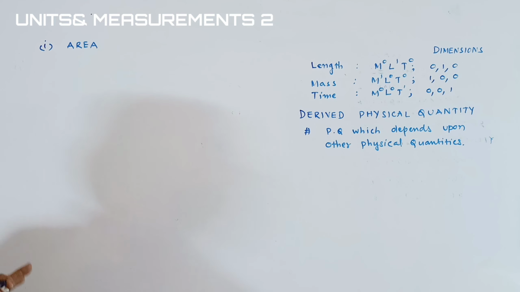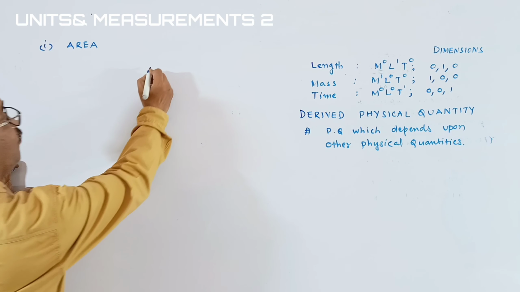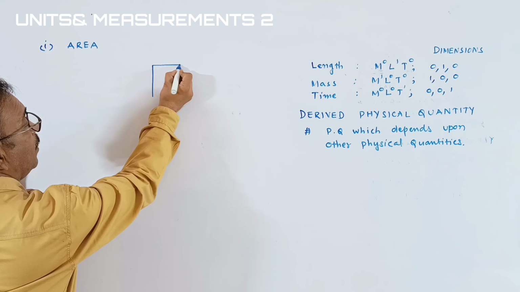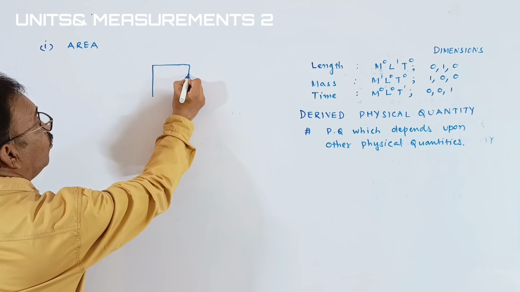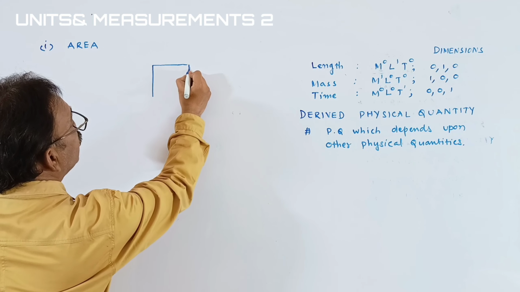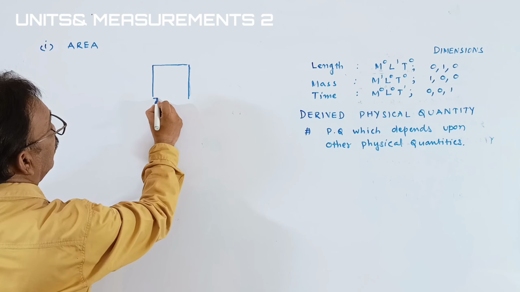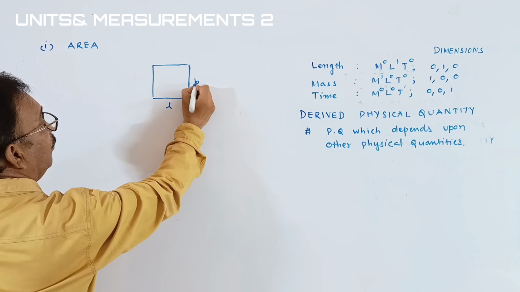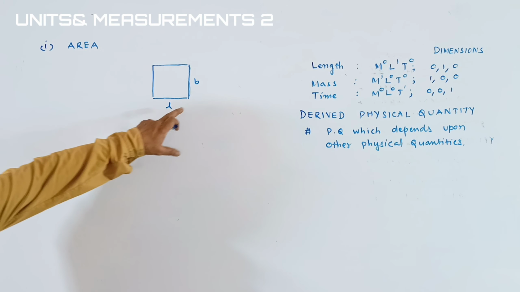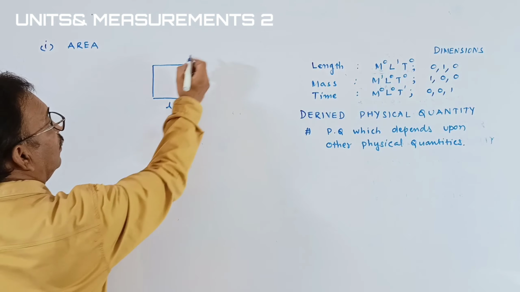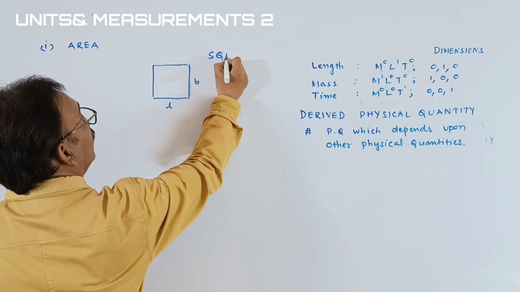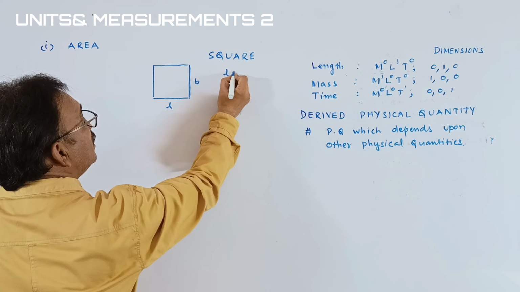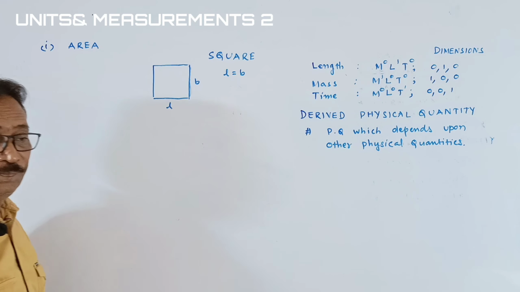Okay, area. What is meant by area, students? See, I'm taking a square now. Take it as a square. Okay, square means what? It has length and breadth. Here, it is a square. You learned that in the case of a square, length is equal to breadth, is it?